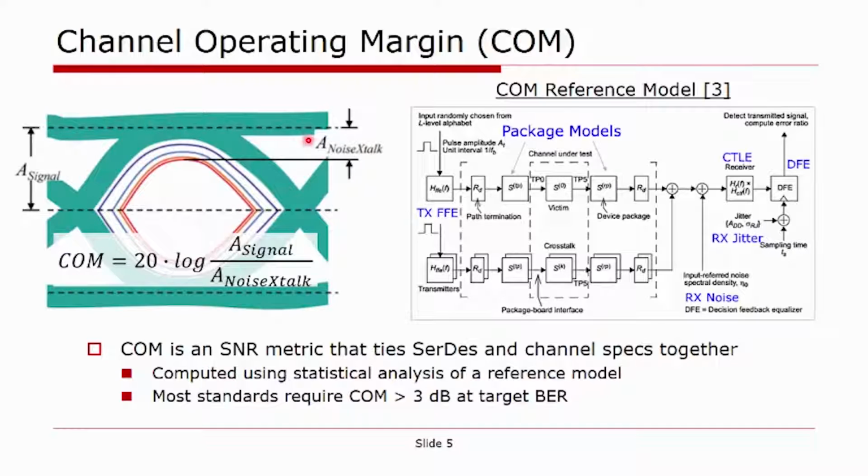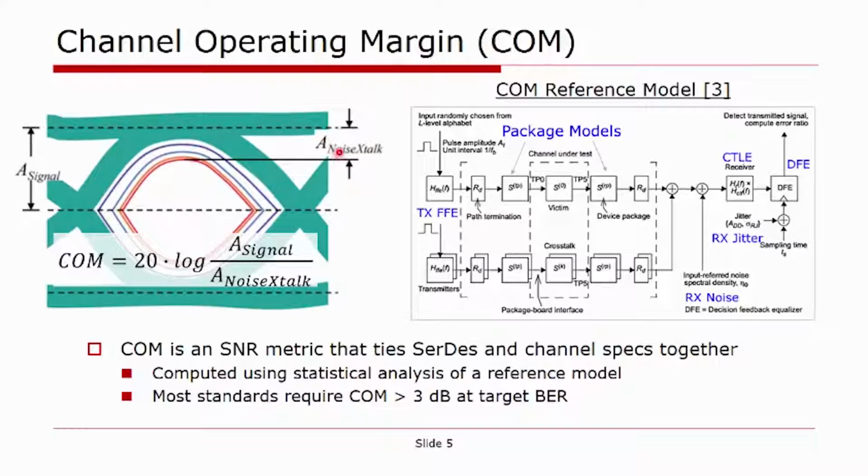From the eye diagram, we can extract what the average signal energy is, and that's referred to as A subscript signal. By also looking at the contours of the eye diagram at different bit error rates, we can identify, at our target bit error rate, the maximum noise that is riding on the signal.